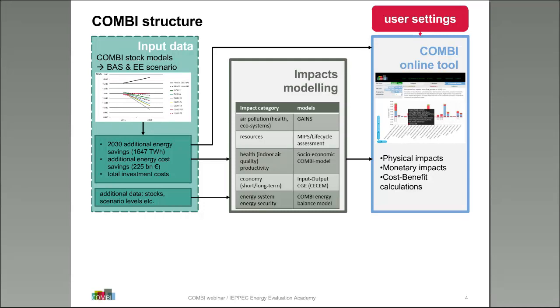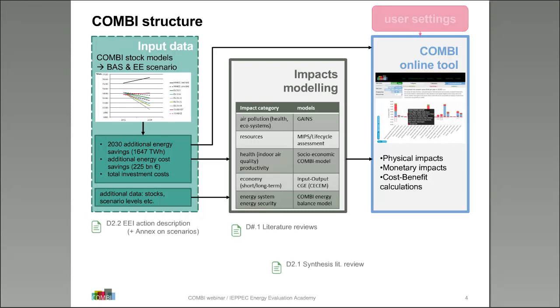And this common database is then exploited by the COMBI online tool and makes all the different impacts accessible, available, and visualizes them. And the user accessing this online tool can also configure the different graphical outputs and cost-benefit analyses.